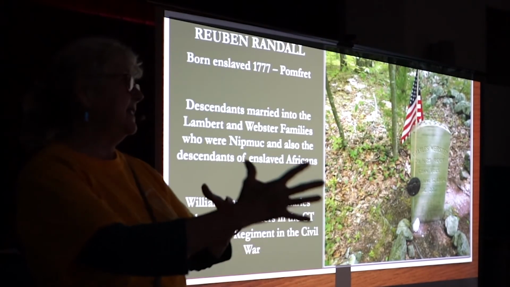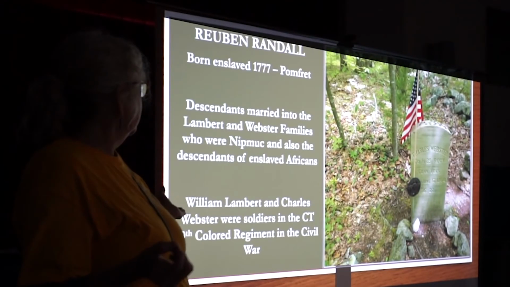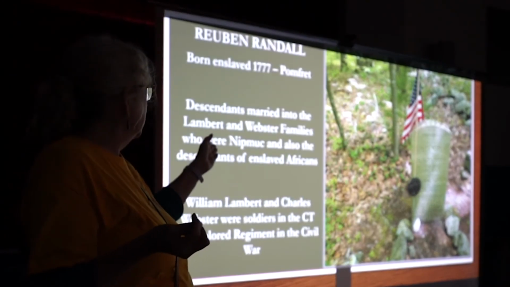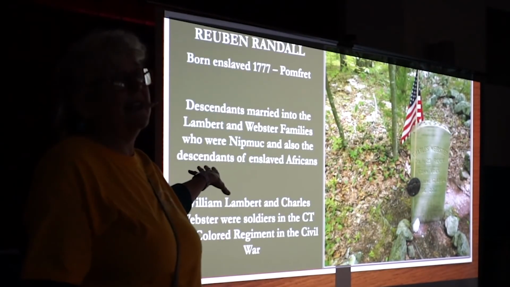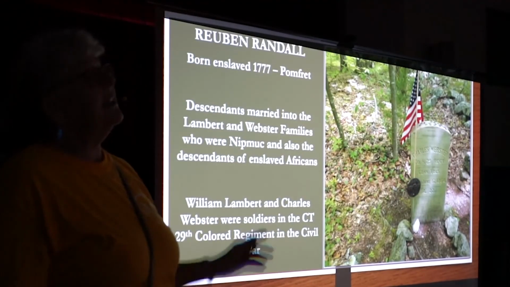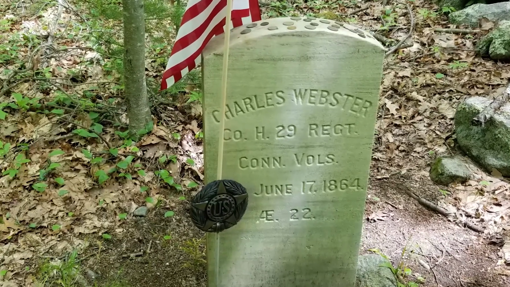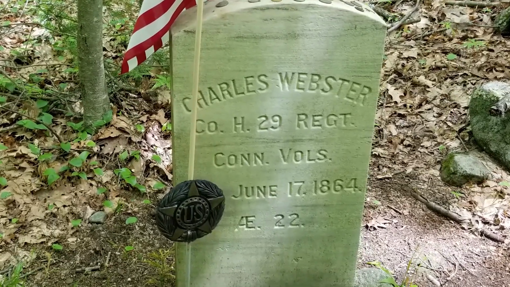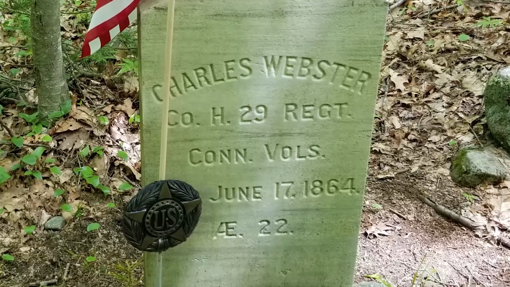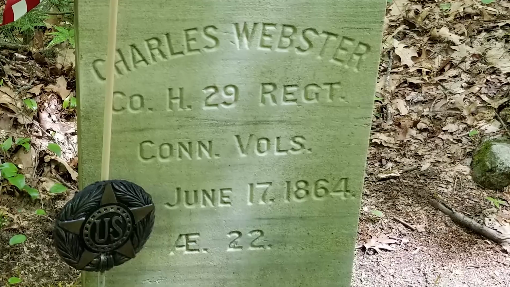So he married into Native American families, and his descendants married into the Lambert and Webster families, who were the Nipmuc and also the descendants of African slaves that lived out in the Natchaug Forest and where this little gravestone is. William Lambert and Charles Webster were both soldiers in the Connecticut Colored Regiment in the Civil War.